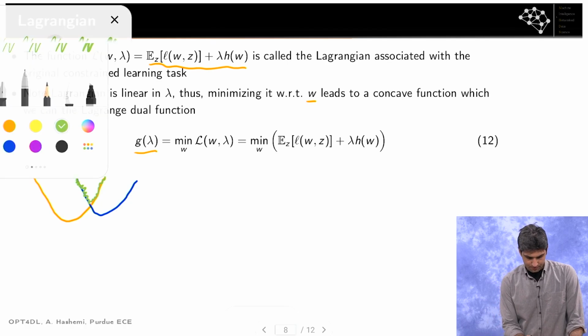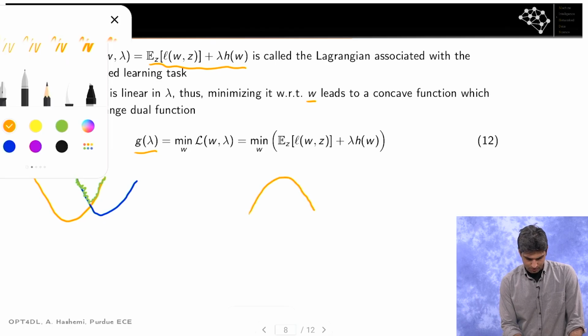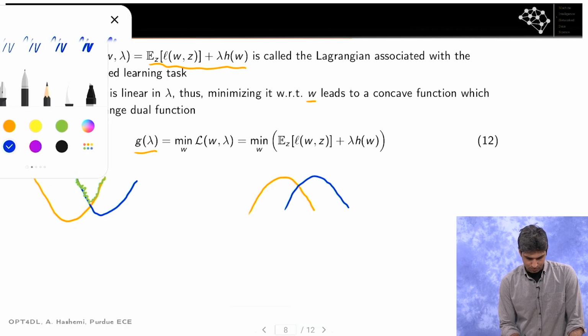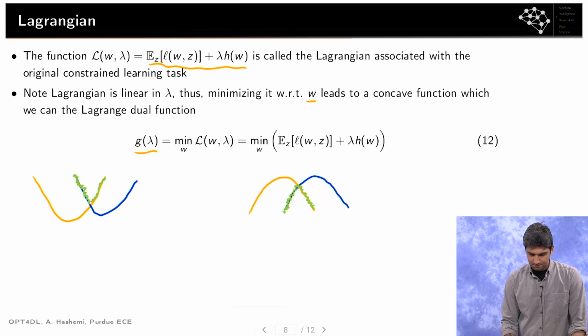On the other hand, if I give you two concave functions, and then I ask you to find the minimum of the two, the minimum will be a concave function. Right, so this will be the minimum. Okay.